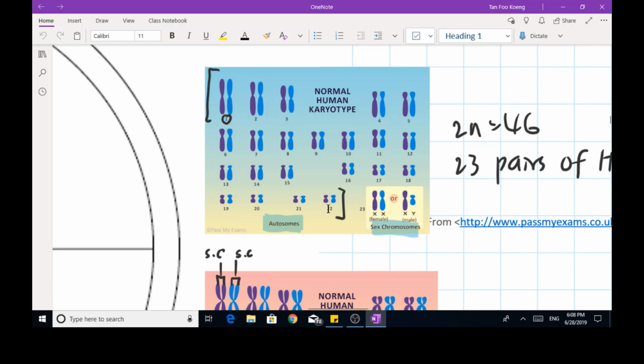We have 22 pairs of them, known as autosomes because they are not involved in sex determination. The last pair is known as sex chromosomes because they are involved in sex determination. So a male would have 44 autosomes plus XY, and a female would have 44 autosomes plus XX, making up a total of 46 chromosomes.